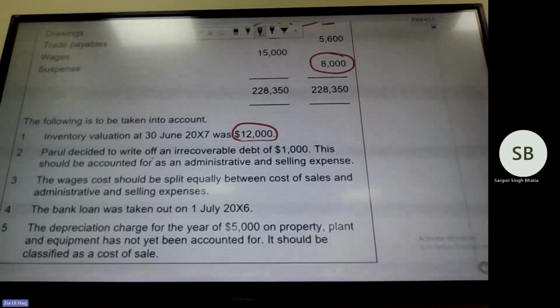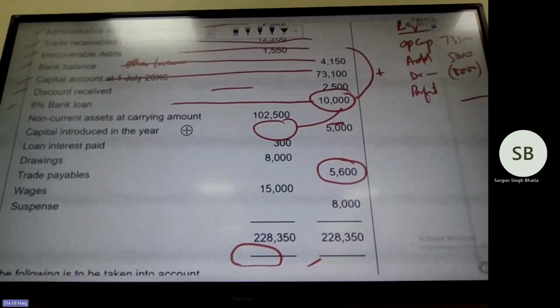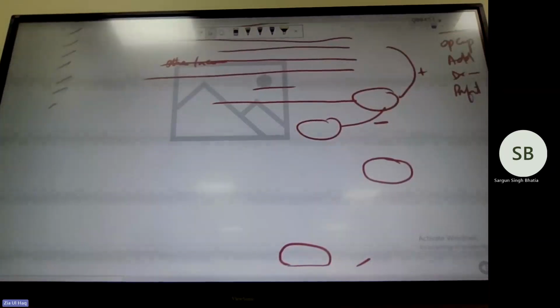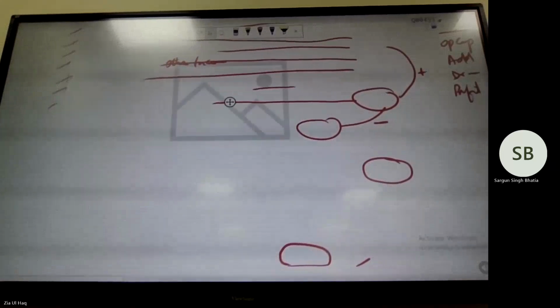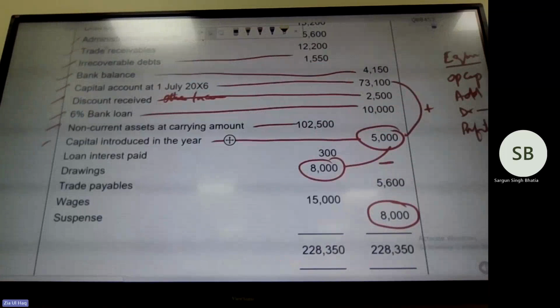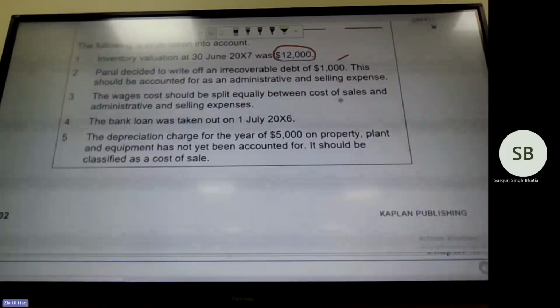Parole decides to write off an irrecoverable debt of 10,000. This is bad debts that should be added to this irrecoverable debt. What is the amount of irrecoverable debt? That should be added to this 1,550. Meaning in expense we will record 1,550 plus this 1,000, 2,550.